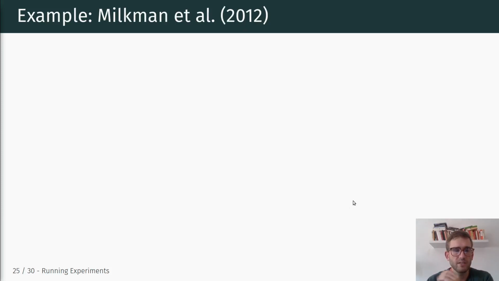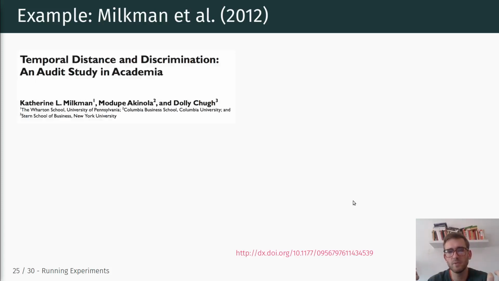Really quickly, there's another experiment that I want to mention, and I'll put this on Canvas as well, of another type of experiment that is zero variable cost. We talked about audit studies, I think, in our last Q&A as well, and there are lots of examples of audit studies, and this was one example of an audit study in academia.